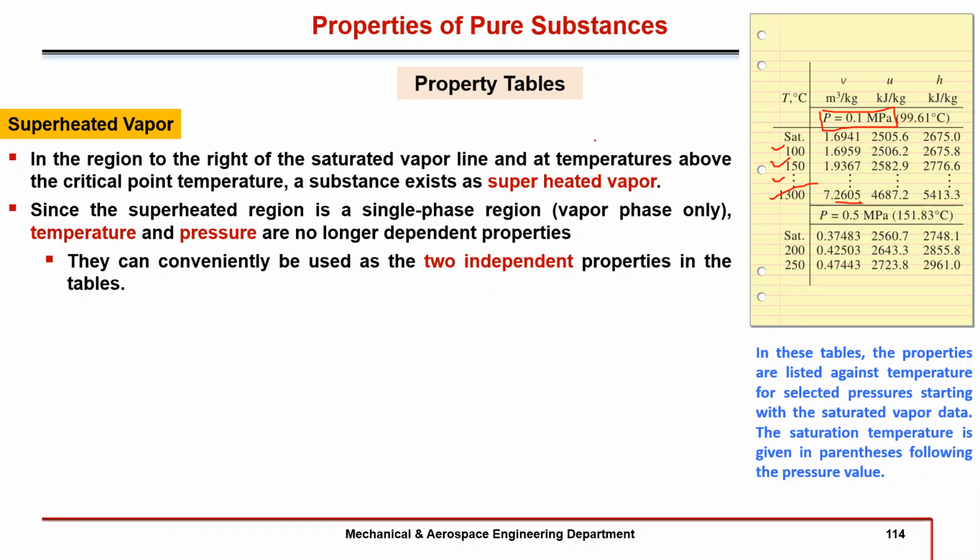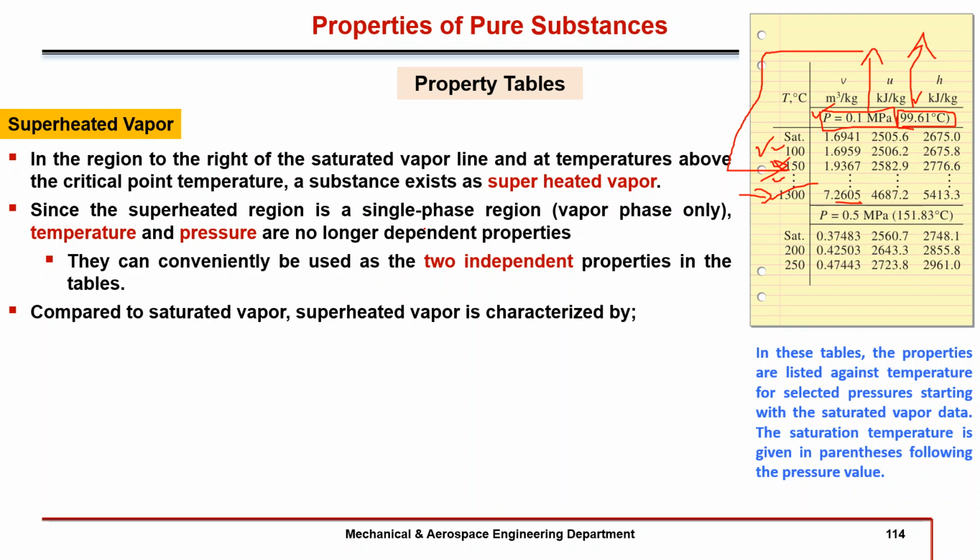Normally in this region we need to define the pressure as well as the temperature. It is not that for a given pressure, say 0.1 megapascal, the temperature of steam will always be 150 degrees centigrade. It could be 150, it could be 1300 degrees centigrade. However, the temperature given in the bracket represents the saturation temperature. Okay, so I hope this is clear.